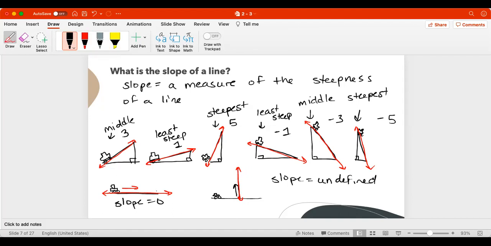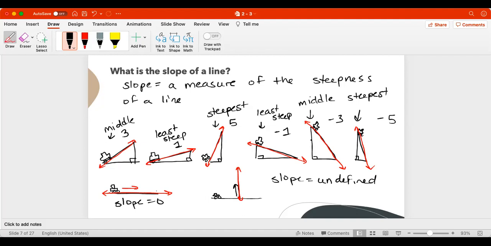You could think of it as infinity, because the bigger the number, the more steep it is. And the number can keep getting bigger and bigger, which tells us that we can keep getting steeper and steeper. But once you're past going straight up, it's like you're going downward. So you could think of it as infinity, but we're going to say it's undefined.